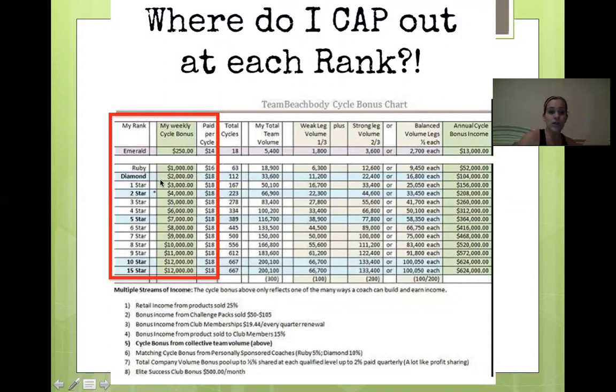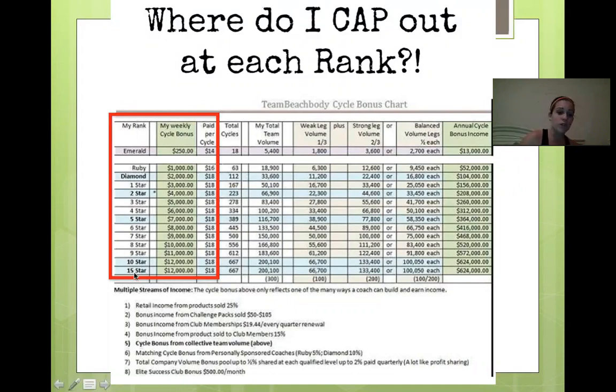And then as you get to diamond, it goes to 2,000 and so on and so forth, all the way up to 15-star diamond, where you can make $12,000 a week alone on your cycle bonuses. Now, that sounds absolutely insane. Like, who has that much volume? There are a lot of top coaches that are 15-star, like Melanie Mitron, who we just had on the National Wake Up Call.